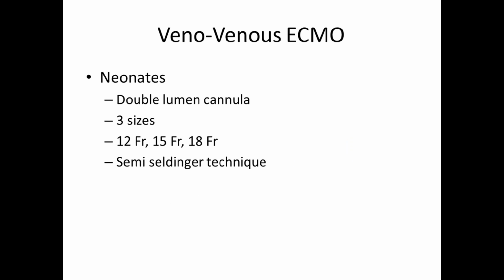I'll just quickly go through the next slides on the semi-Seldinger technique. So what we do is the semi-Seldinger procedure. These are the neonatal cannulas available if you want to put in veno-venous.